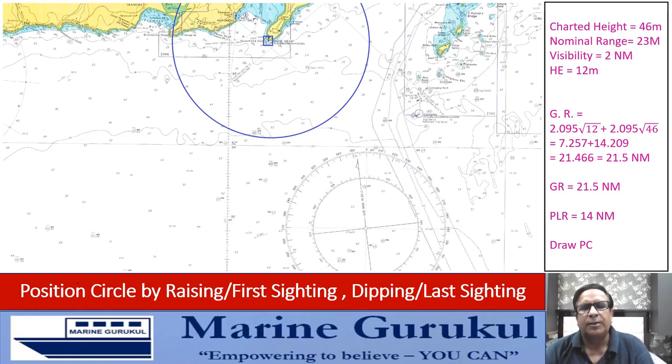Use the range that you are able to calculate, and you are using this under the assumption that the other one is definitely more than what you have calculated. So I hope now you'll have no confusion as to which range to use if the term used is raising or dipping, and which one to use if the term used is first sighting or last sighting.